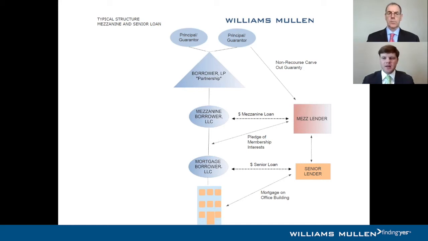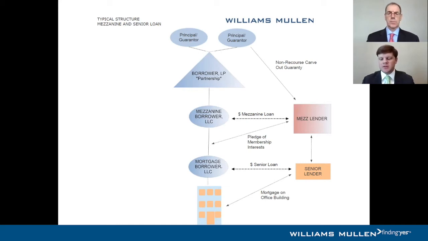This requirement just makes it less likely that other unrelated assets or properties will adversely affect both the mezzanine collateral and the underlying real estate.